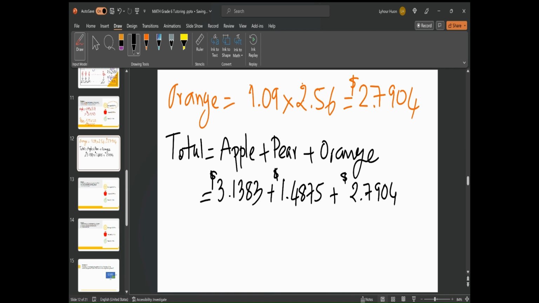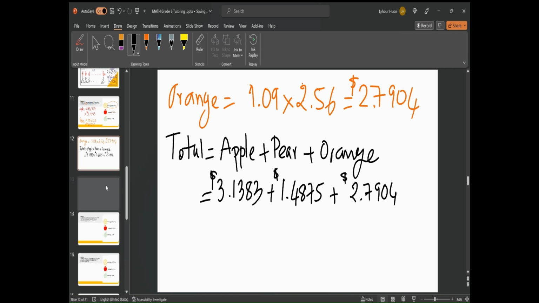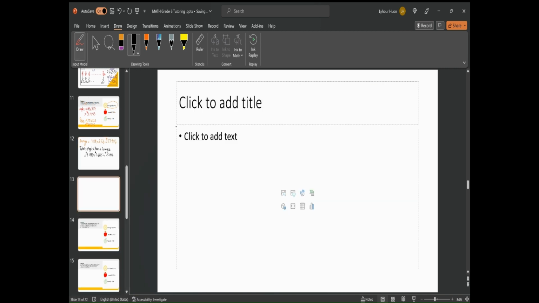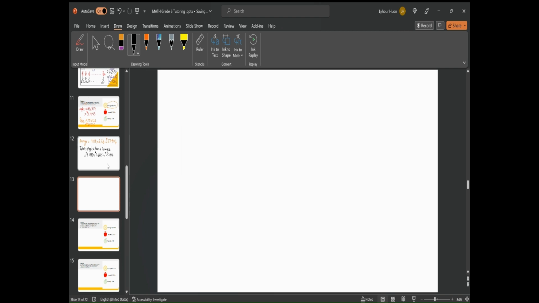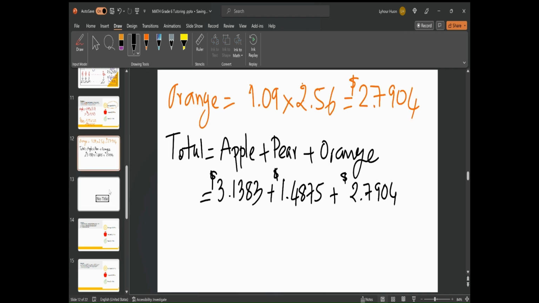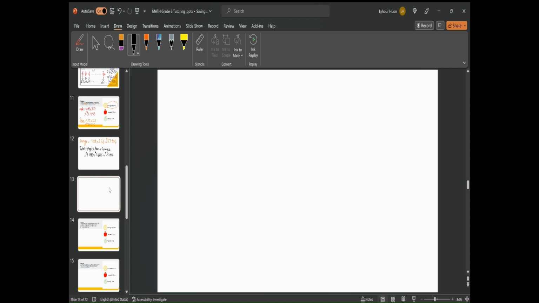How do we add the decimal numbers? Here's the thing. When we have this, we have to add them by placing in order. Have you ever heard about place value?